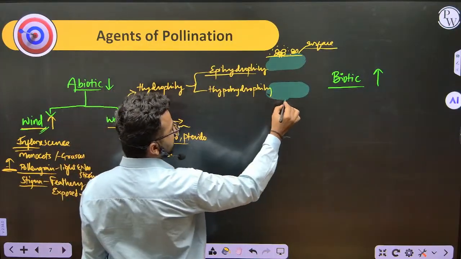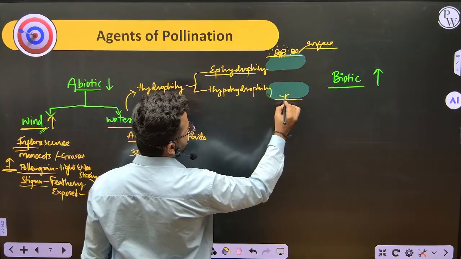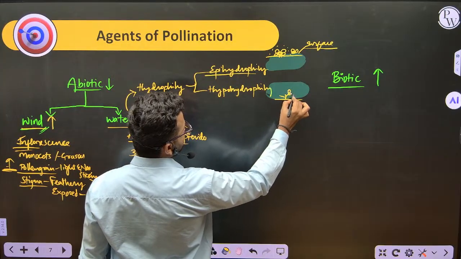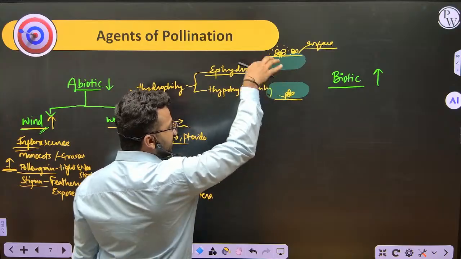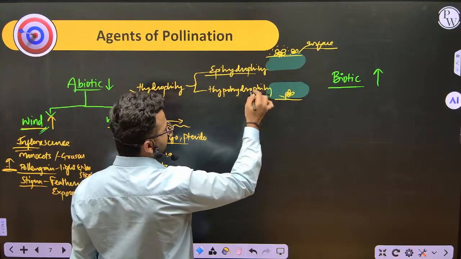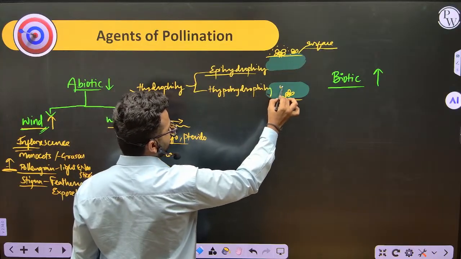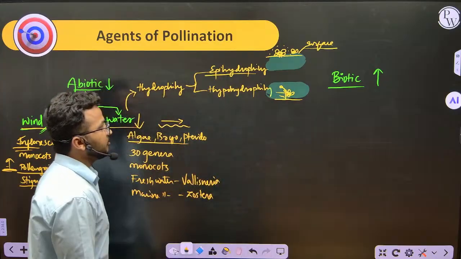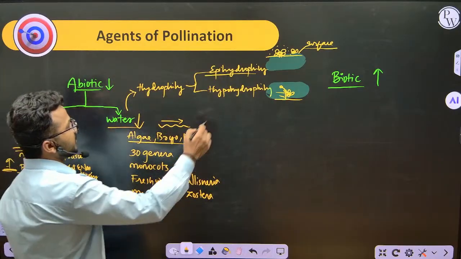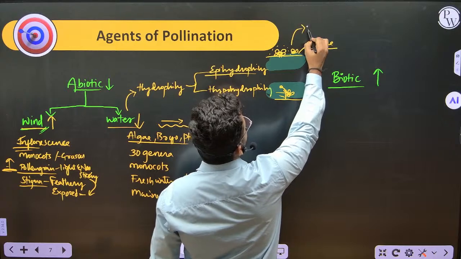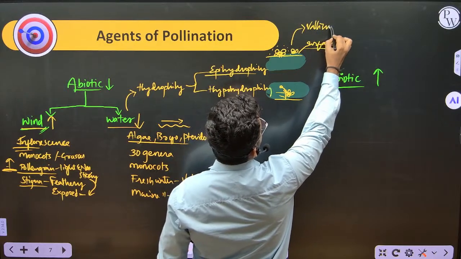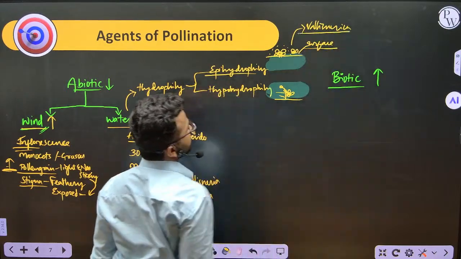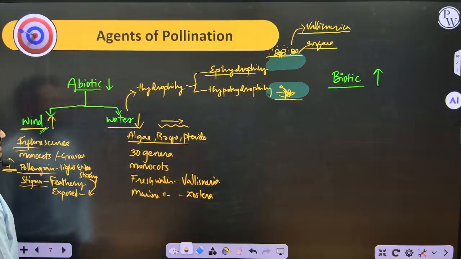Whereas hypohydrophily in the sense the plant will be present within the water, and the flower will be under this surface. So in hypohydrophily the pollen grain has to reach here. For epihydrophily you can take the example of Vallisneria, where the water surface pollination will be taking place.